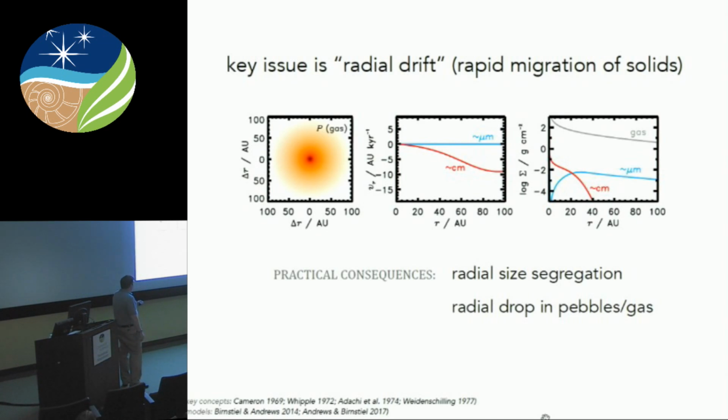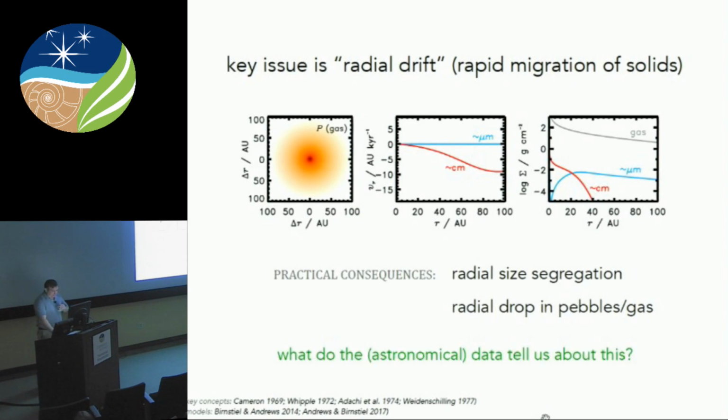Right? So you can see that here in this depiction. And if you also compare the mass ratio of pebbles, large particles, to the gas, you see that there's a pretty steep drop with radius. Right? You actually get very few pebbles at large radii, and you still have plenty of gas. Those are the two key physical consequences that we'll get back to with observational tests of this.